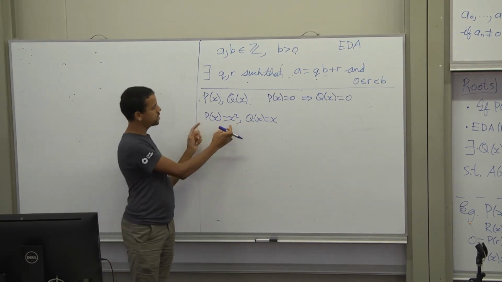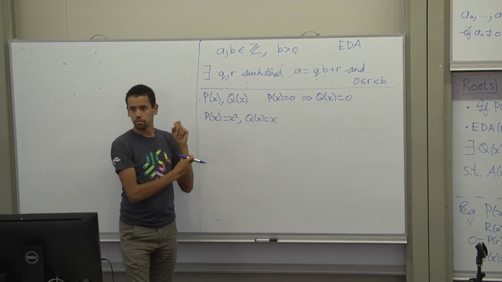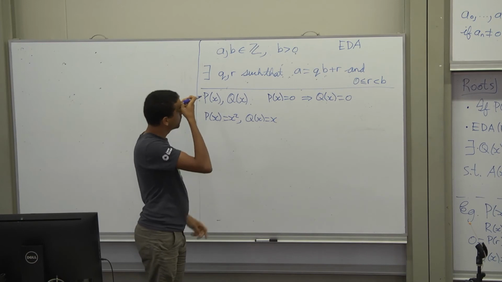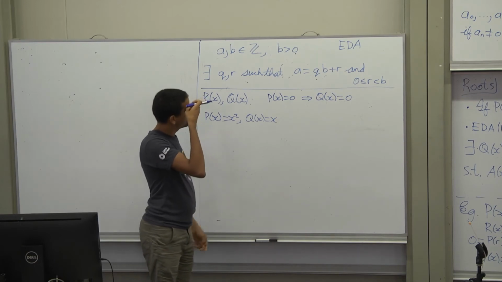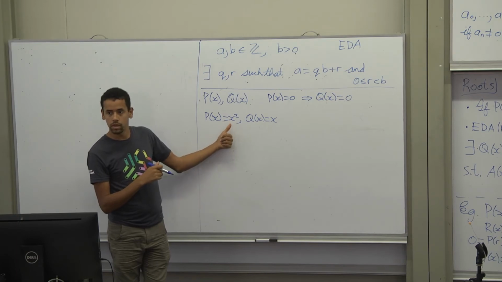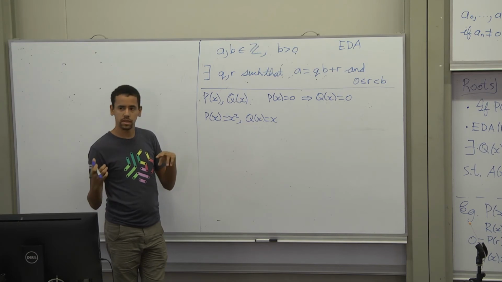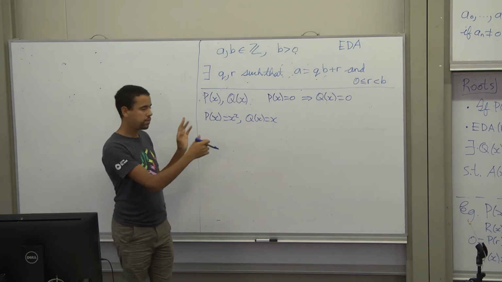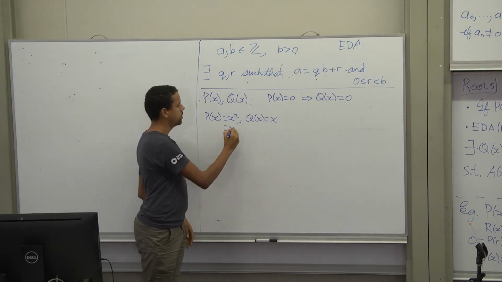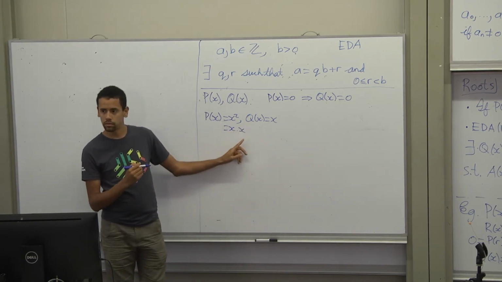But p as a polynomial is not a factor of q. But you see, the issue here is that we have a repeated root. Here, 0 is a root of p in a sense twice, because if you factorize p, you've got 0 as a root, and you've got 0 as a root again.